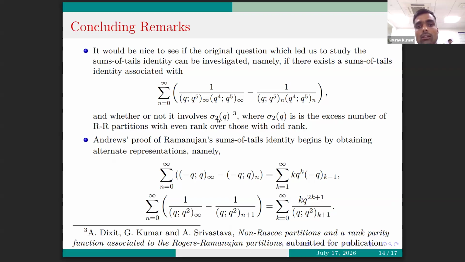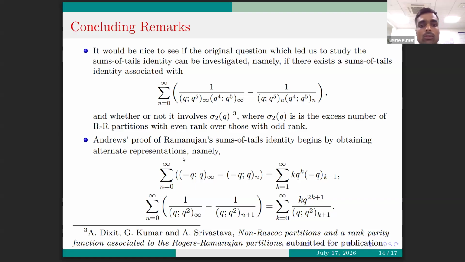Sigma 2q is the analogue of the sigma q function, where sigma 2q is the excess number of Rogers-Ramanujan partitions with even rank over those with odd rank. Recall that sigma q, which appeared in sums of tails identities of Ramanujan, was the excess number of distinct partitions with even rank over those with odd rank. So what we expected is the appearance of this particular function on the right hand side of this expression, which we still couldn't figure out.